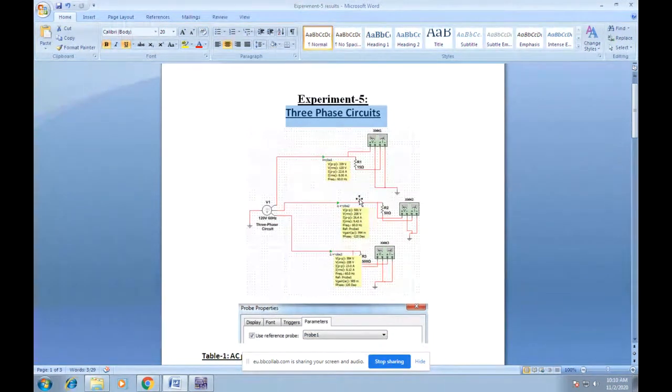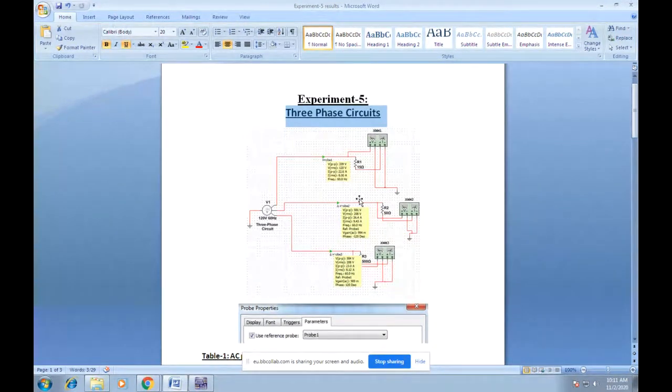Basically, in experiment number 3, if you remember, we used a single phase, and using that single phase we determined how to measure the AC magnitude and the AC frequency.